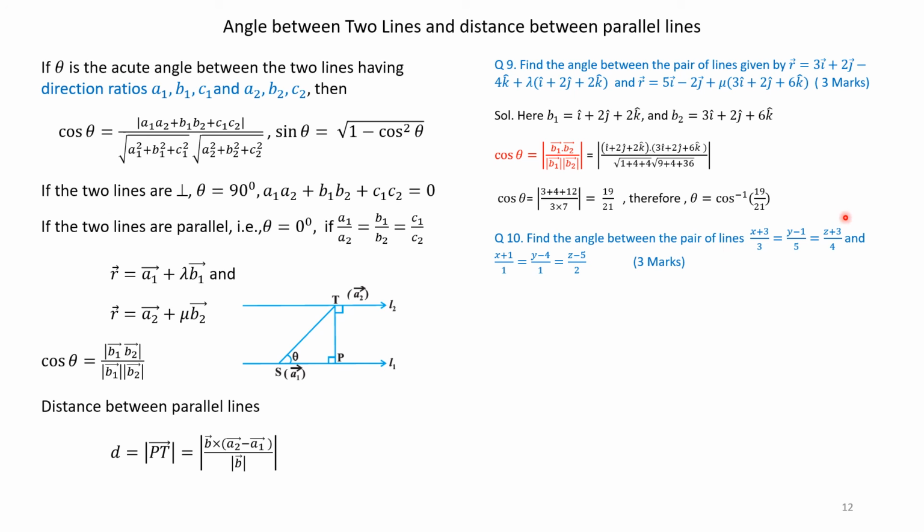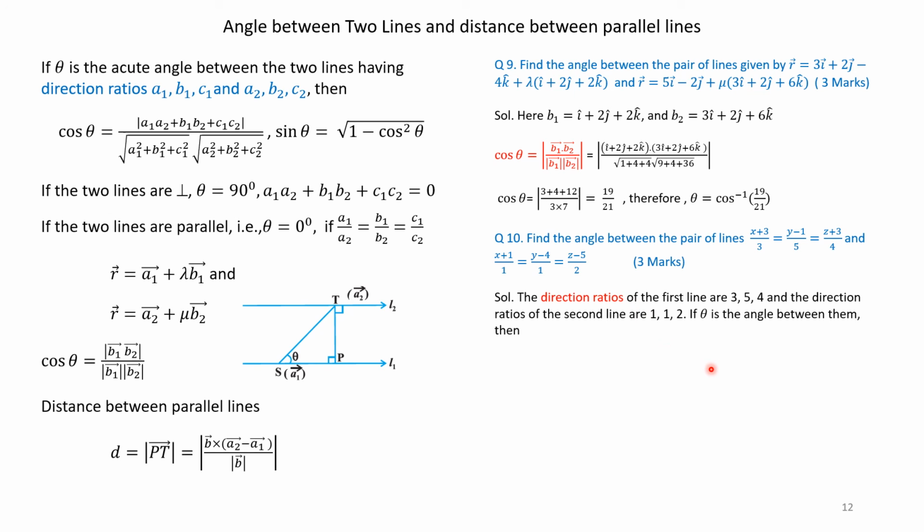So this is the equation of line L1, and this is the equation of line L2. We have to find the angle between the two lines. Therefore, the direction ratios of the first line are 3, 5 and 4, that is the denominators A, B, C. And the direction ratios of the second line are 1, 1 and 2.